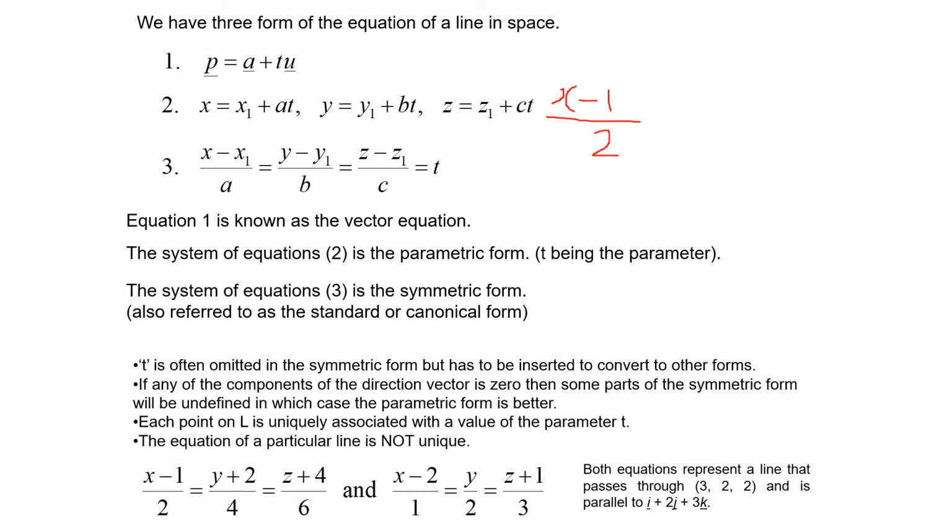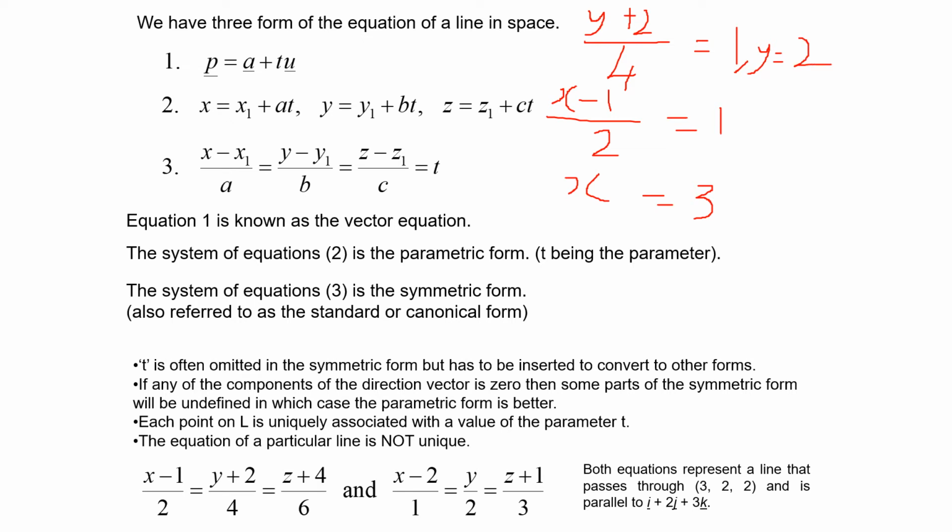So (x minus 1) over 2 should equal 1, so your x value will be 1 times 2 plus 1, which is 3. Same goes with the second value: (y plus 2) over 4 equals 1. How do you get the y? The y will simply be 1 times 4 minus 2, which is 2.